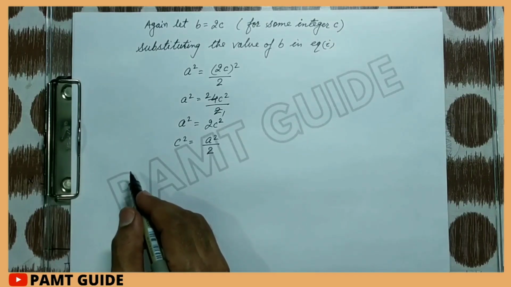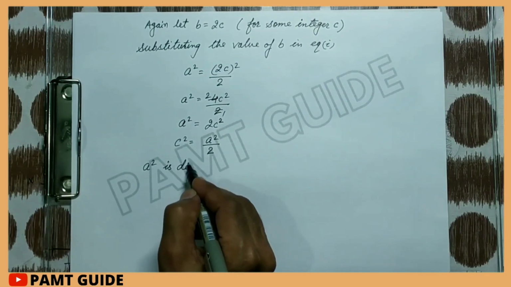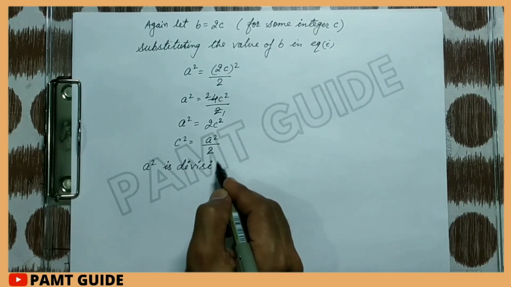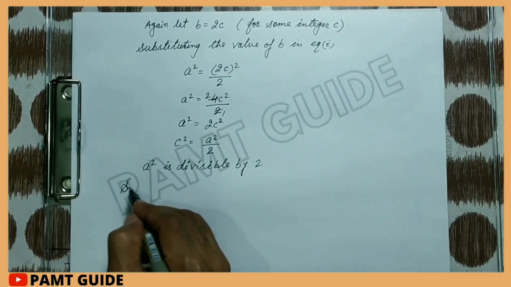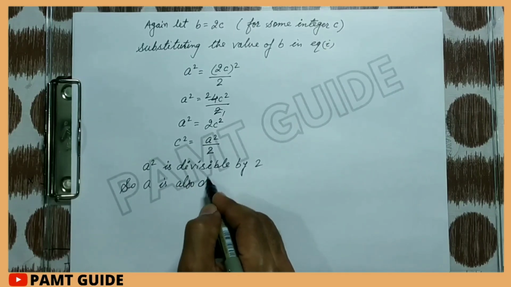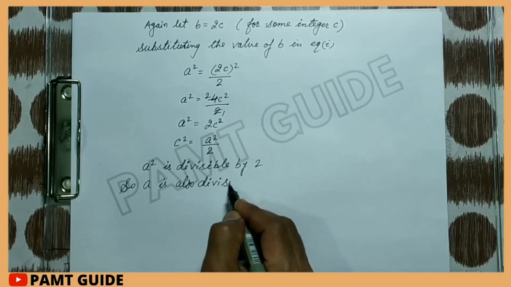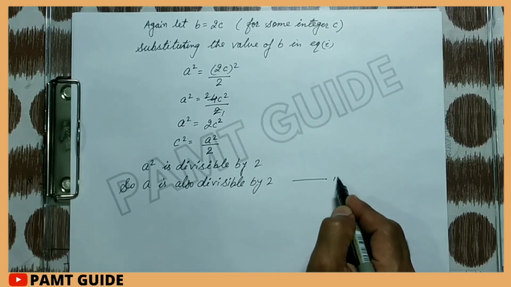This means that a square is divisible by 2, so a is also divisible by 2.